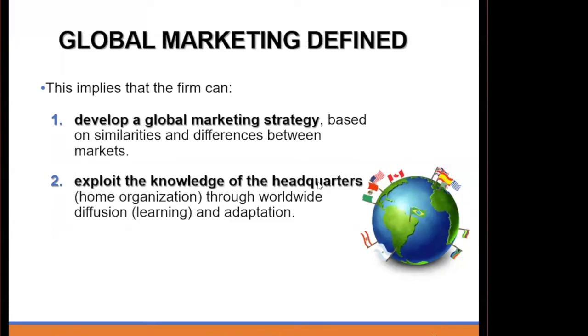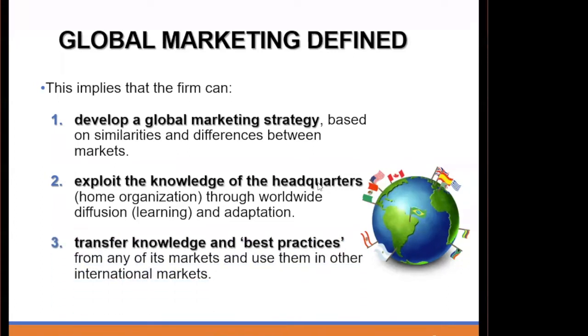Also, the global marketing definition implies that firms can transfer knowledge and best practice. And like we said, exploiting the knowledge is just the first stage. Once you are able to exploit the knowledge you have gathered to develop unique strategies for specific markets, you can transfer knowledge from one market to the other depending on the level of similarity or differences between them.